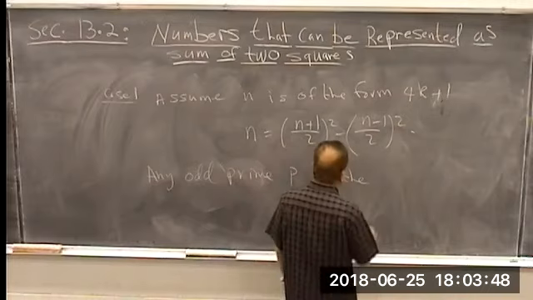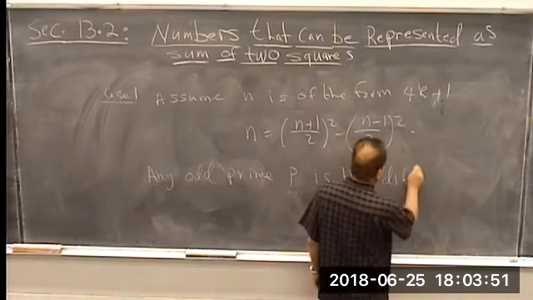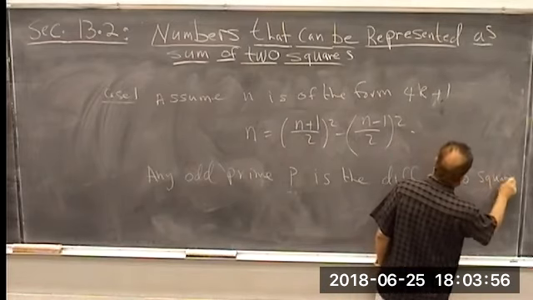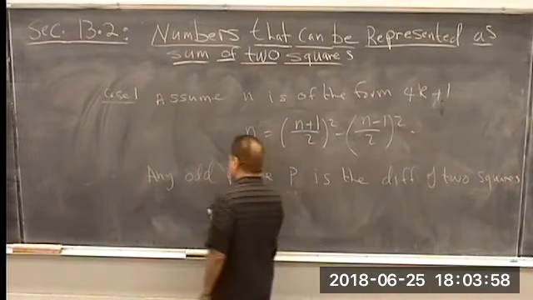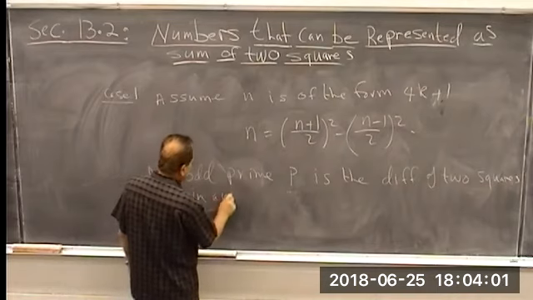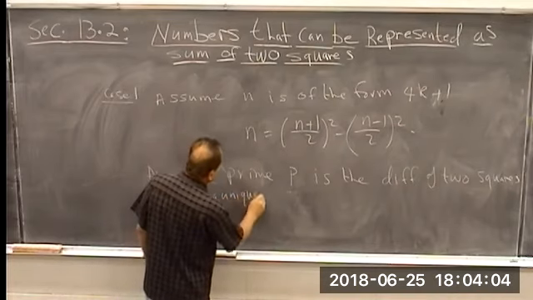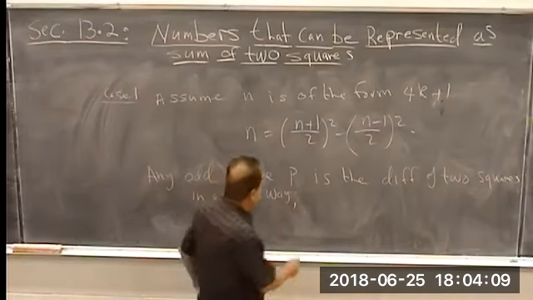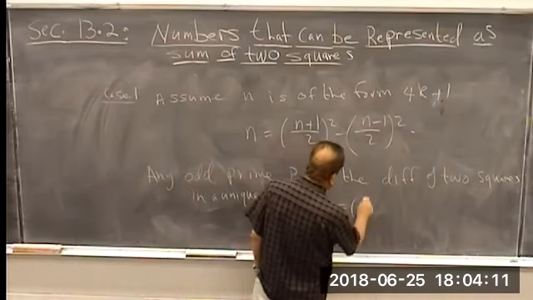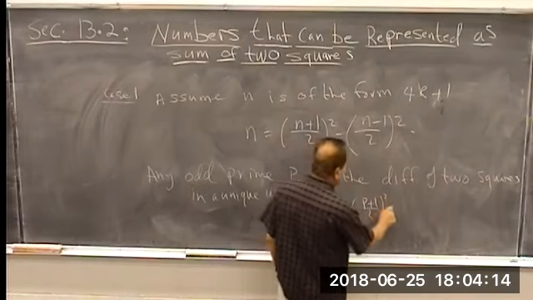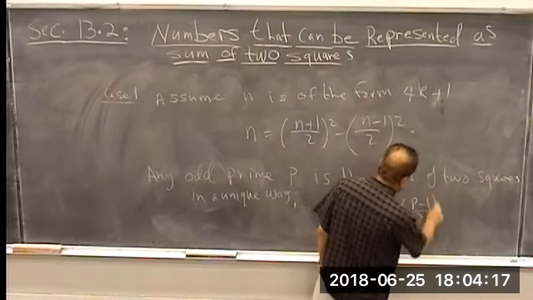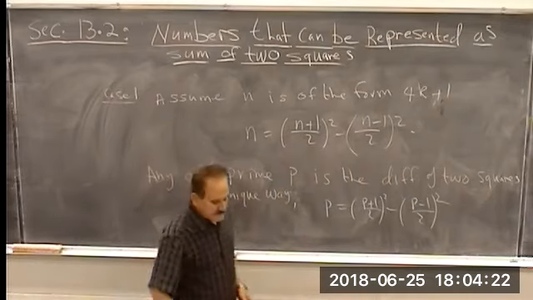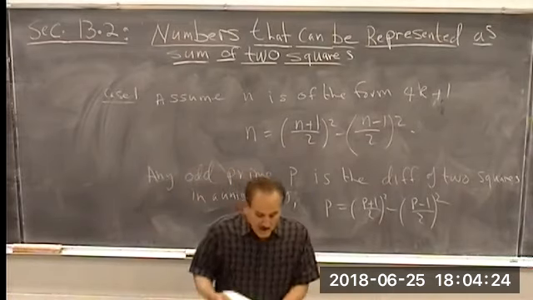Then any such prime is the difference of 2 squares in a unique way. And the unique way that you can represent it is p equals ((p plus 1) over 2) squared minus ((p minus 1) over 2) squared. But you can show it is unique.